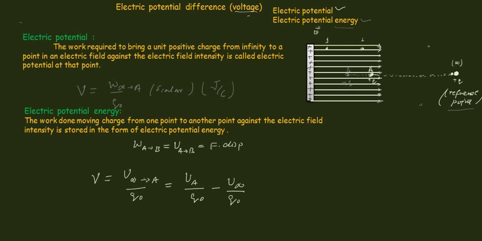So we know that the electric potential energy at infinity is equal to 0. So we can write down the electric potential as U A divided by Q naught.